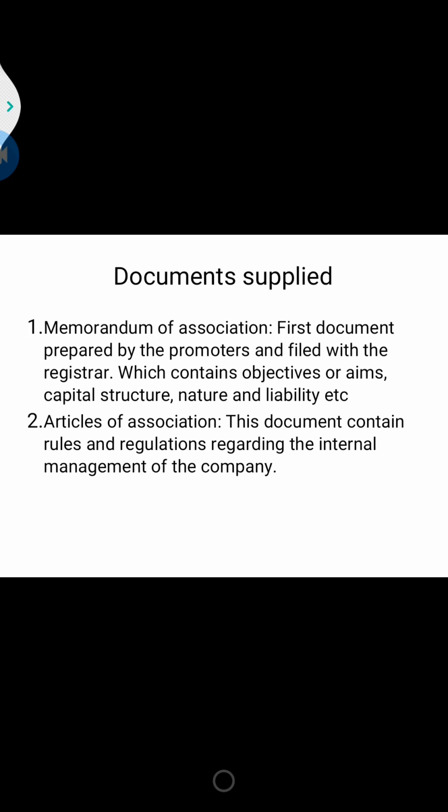Who is there at the first stage? The promoters. The promoters prepare this document and file it with the registrar. The memorandum of association contains the objectives, aims, capital structure, nature and liability of the company.